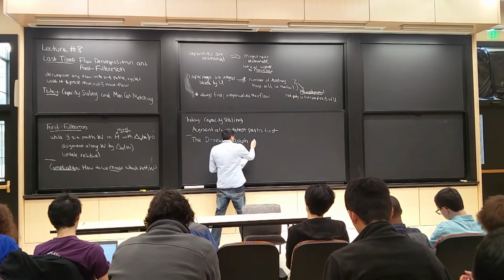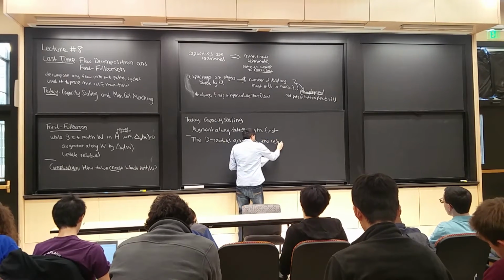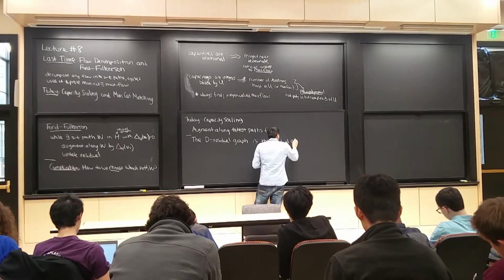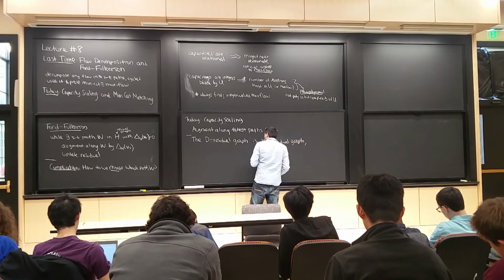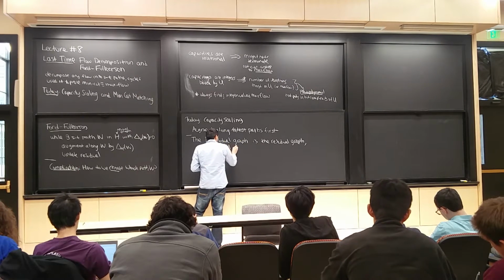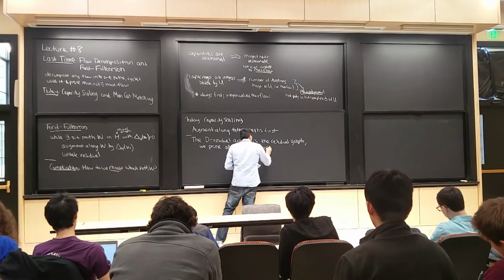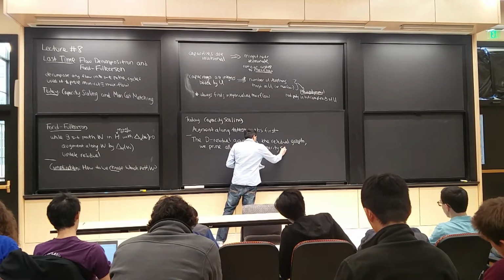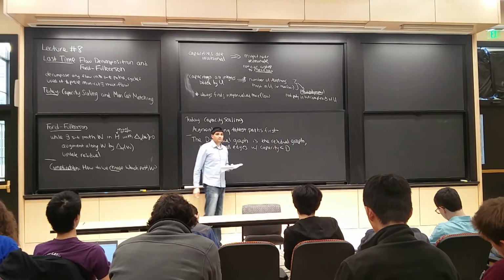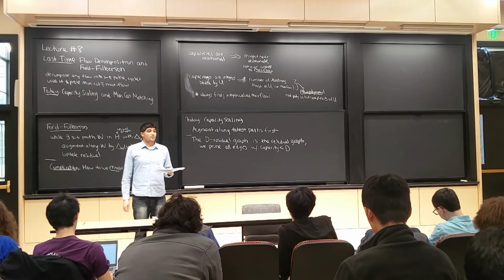It's just the residual graph, but where we prune out, we just delete all the edges with small capacity. Very simple: we just don't worry about these small capacity edges.